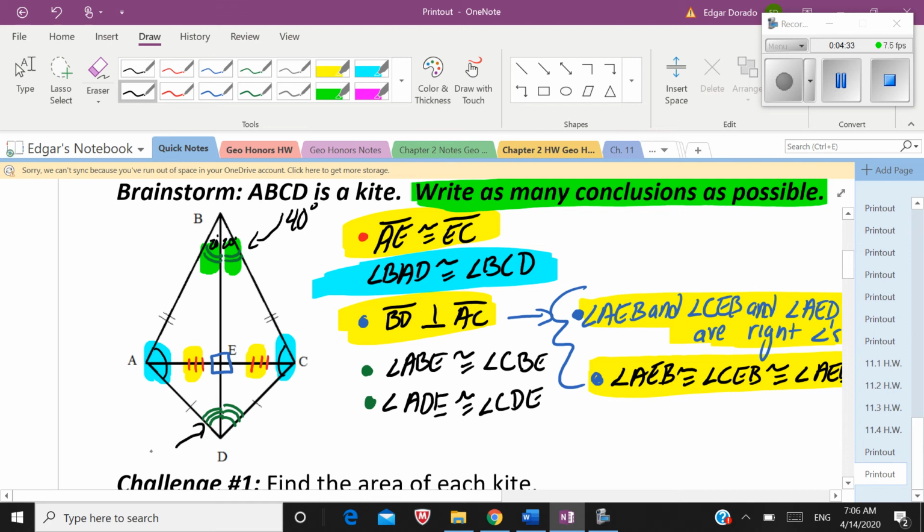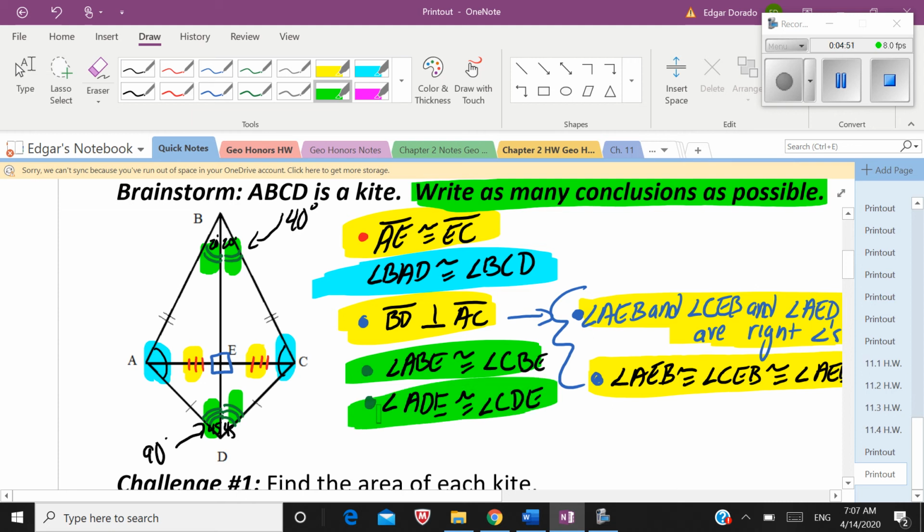Let's say this right here was 90 degrees, each of these would be 45 and 45. That part is true, and that's what I wanted to say with these final two statements. Angle ABE is congruent to CBE, and angle ADE is congruent to CDE. So those are a lot of good characteristics from kites, guys.